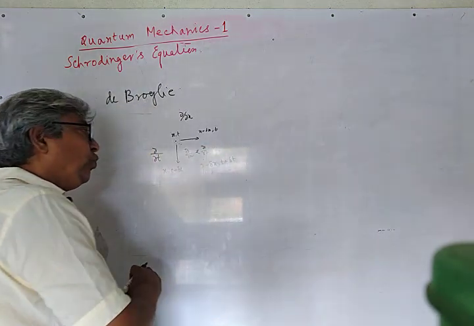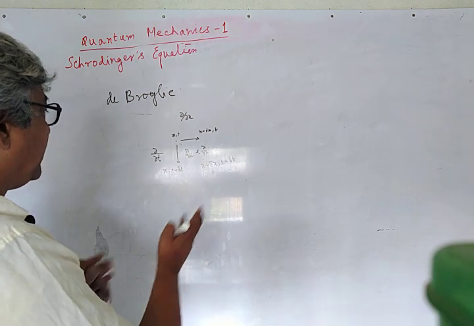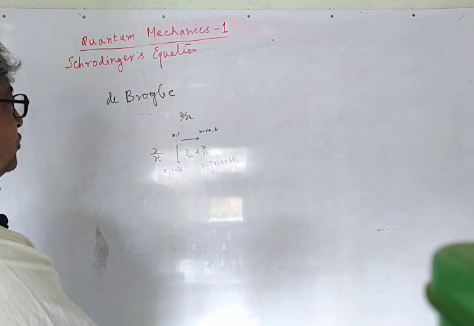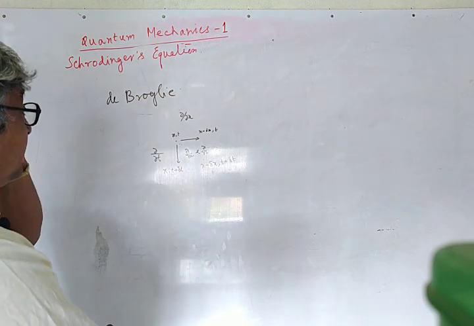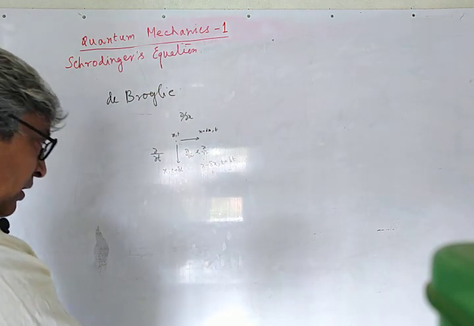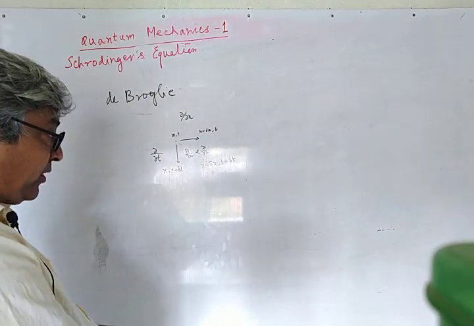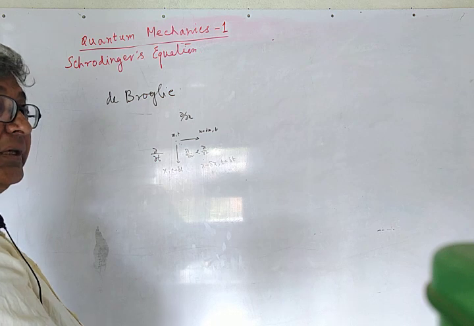That is why the physicists are interested in having a differential equation to describe a dynamical system. So the first aim is that we want to find a differential equation that will be obeyed by the wave packet. Another requirement of the differential equation, if it can be obtained at all, is that it must be a linear one.